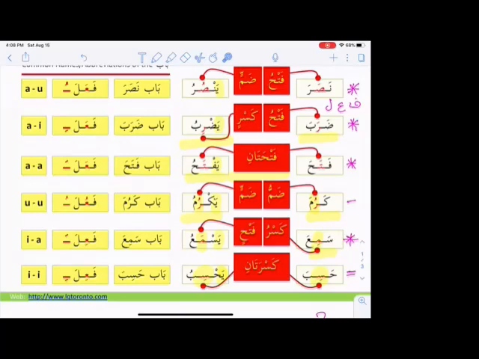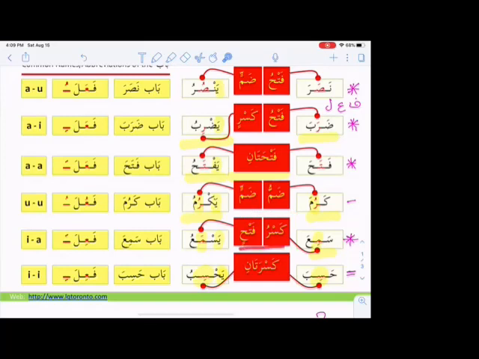Fataho dammin, nasara yansuru. Fataho kasrin, daraba yadribu. Fatahatani, fatahatani, fataha yaftahu. Dammo dammin, karuma yakrumu.